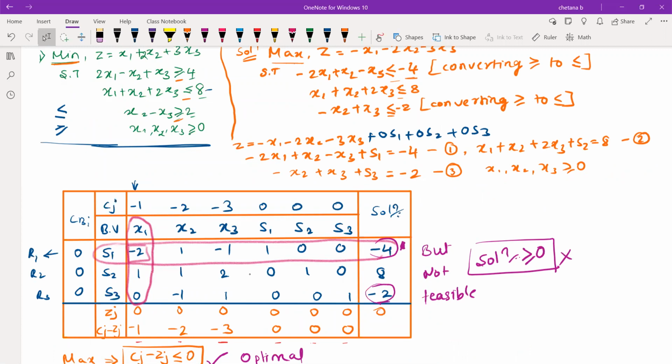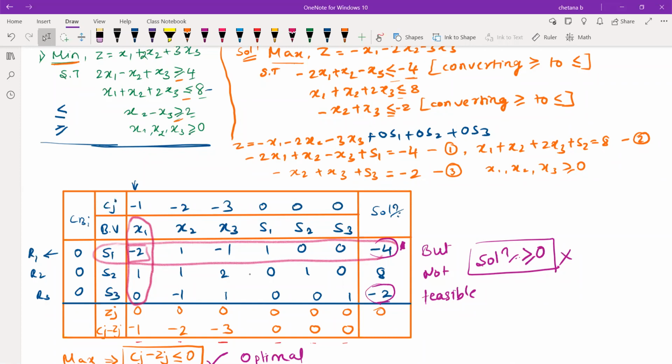To make it feasible, you need to consider a new table that consists of the ratio of Cj minus Zj by the leaving variable. By considering that, you can find the key column. So here you should understand that always in the dual simplex problem, this will be optimal but not feasible.